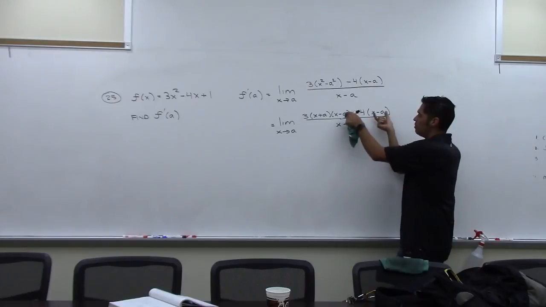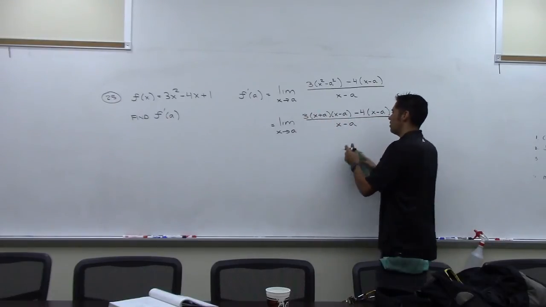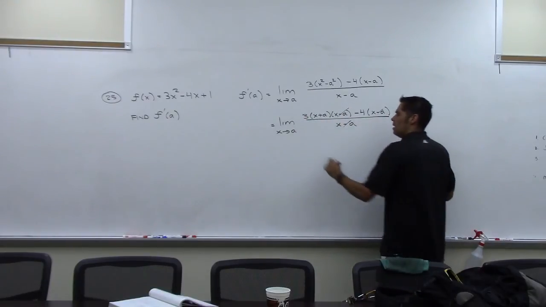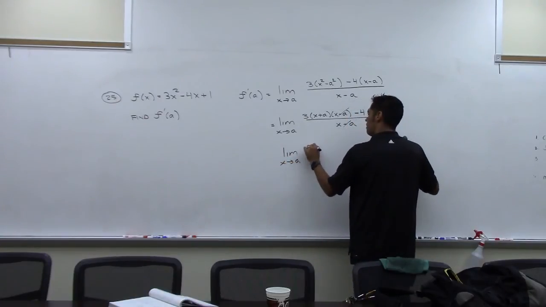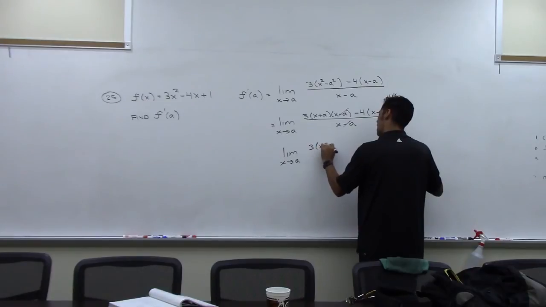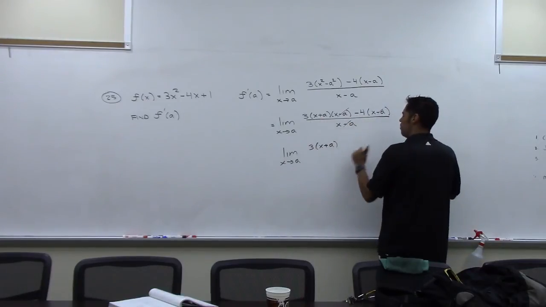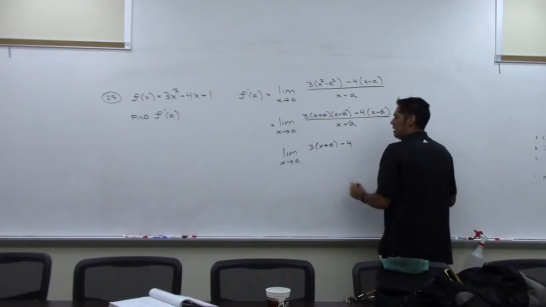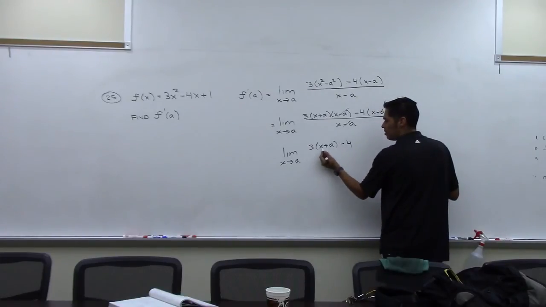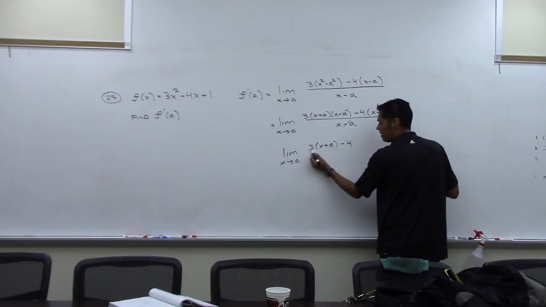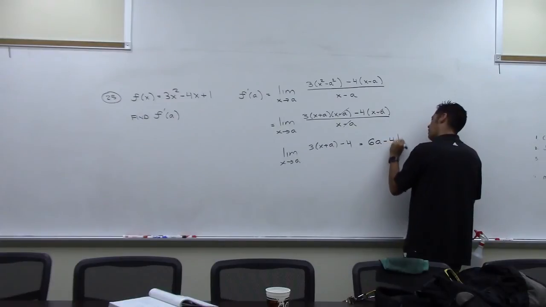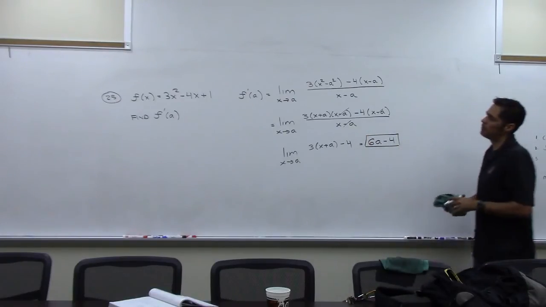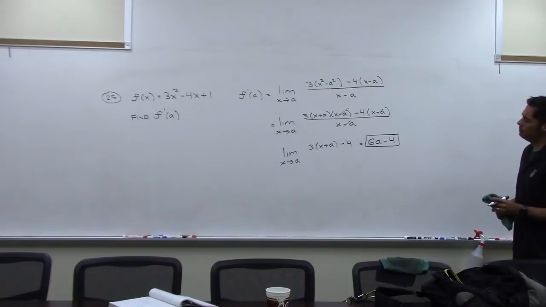So you could imagine just pulling an x minus a out of the top and then it would cancel, but I'm just going to go, and that leaves me with limit as x approaches a of 3 times x plus a, that's this piece, minus 4. And now if I let x turn into an a, this turns into a plus a, which is 2a. 2a times 3 is 6a minus 4. So 6a minus 4. That's it.